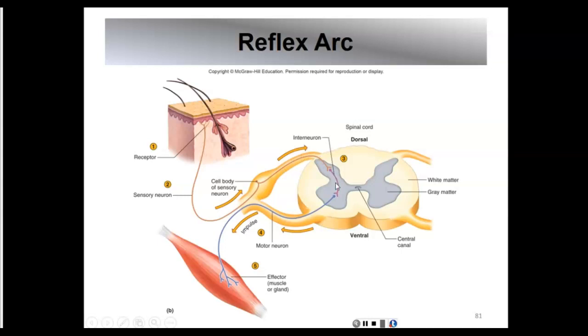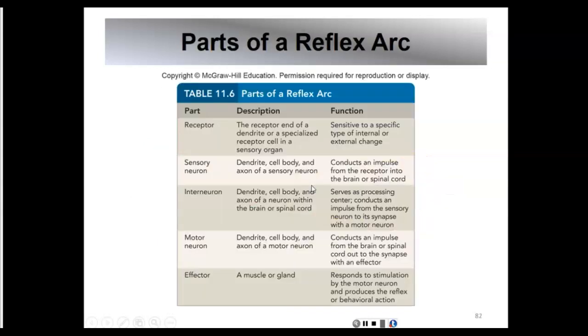And once it's internal, now the interneuron is going to make that decision and send a signal to the muscle by way of the motor neuron through the ventral portion. Motor will then go to an effector, which is a muscle or a gland, and here it's a muscle. Here are the parts of the reflex. You can read that too.